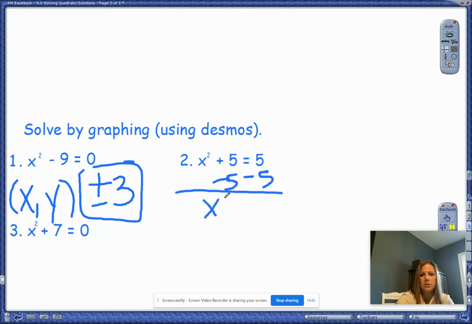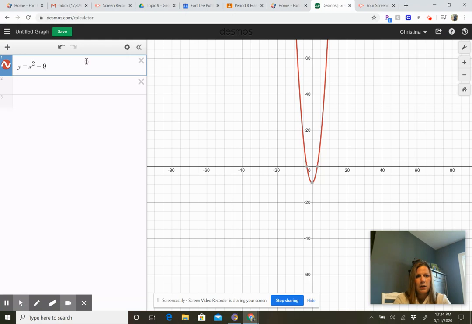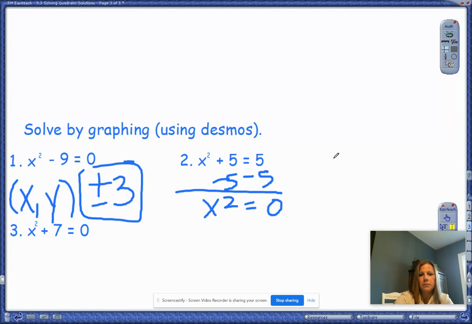So now I would have x squared equals 0. I'm going to graph it like that. And then right here we see that my x value when I'm on the x-axis is 0. So my solution to that problem would be 0. And it would be one solution.